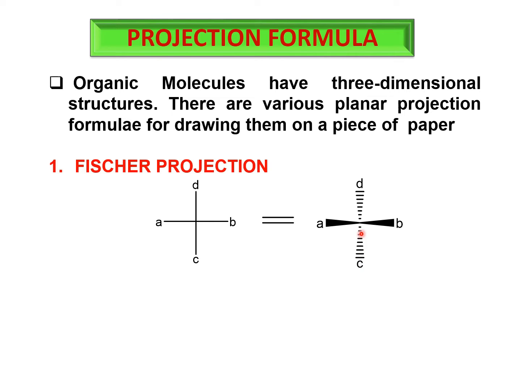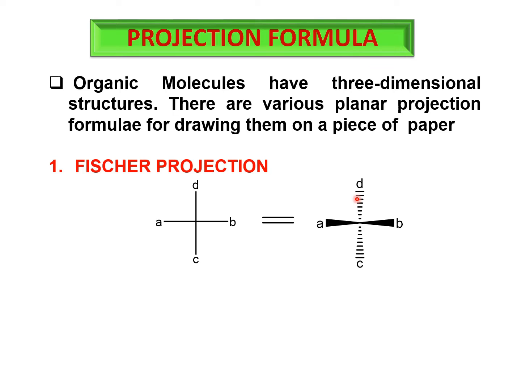So if you consider this central carbon atom to be right in this screen, then group A and B are above the plane or in front of the screen. It means if you are sitting in front of the screen, group A and B are projected towards you, and group C and D are drawn with a dotted line or broken line. So this means that these 2 groups C and D are projected behind the plane or they are projected away from you.